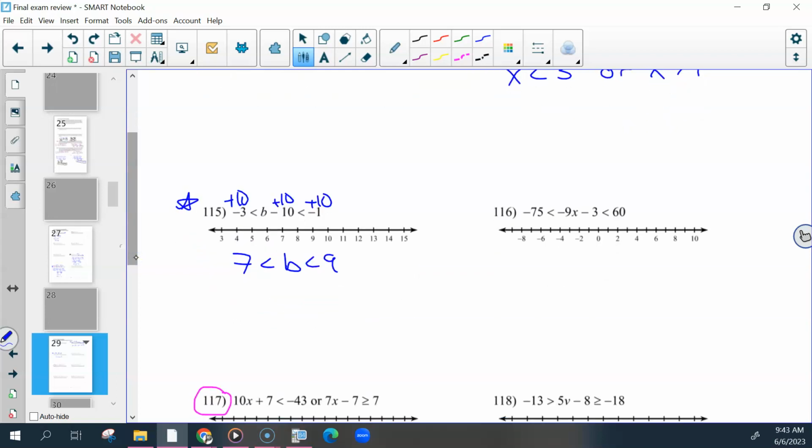We have 7 is less than b, which is less than 9. These would both be open circles, but AND graphs towards each other, so draw the line in between. Any others on this page you want to see we will go over?